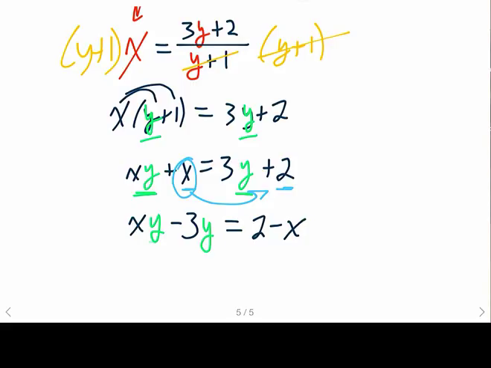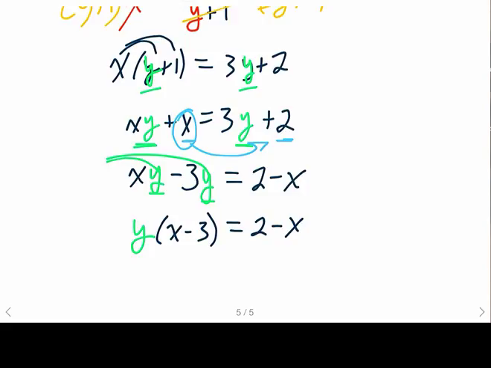What that gained us was the ability to factor out y on the left-hand side. And what I'm left with is the quantity of x minus 3, and on the right-hand side is equal to 2 minus x. Now I can divide both sides by x minus 3, thereby isolating y. So I have y is equal to 2 minus x divided by x minus 3.